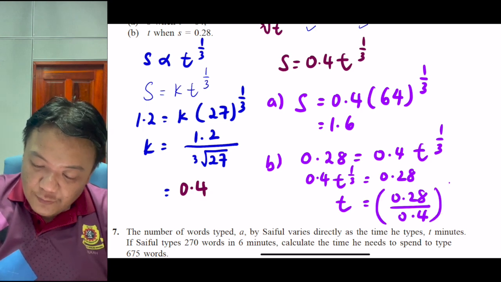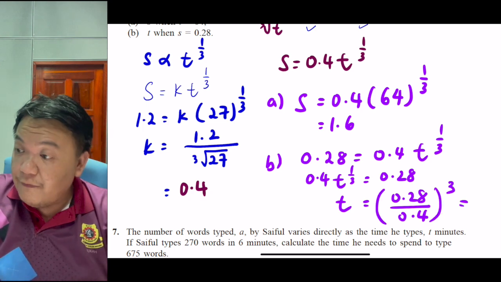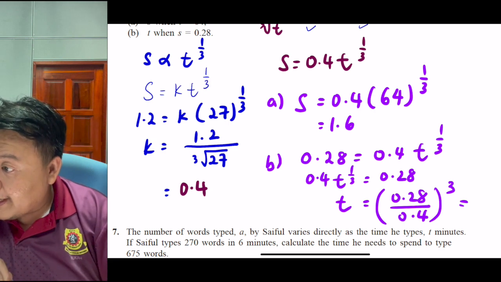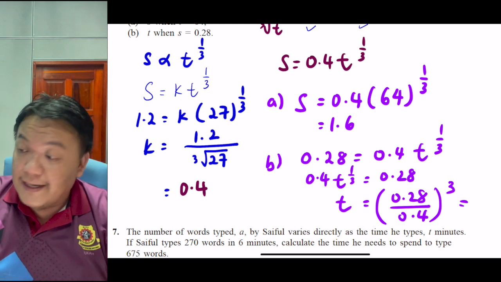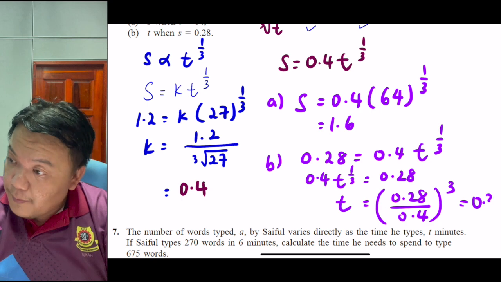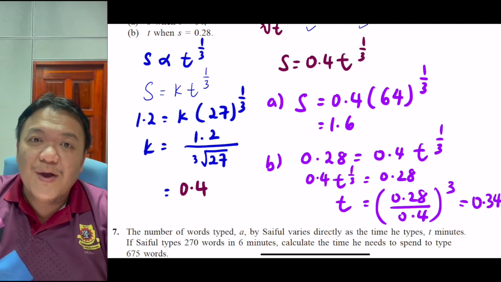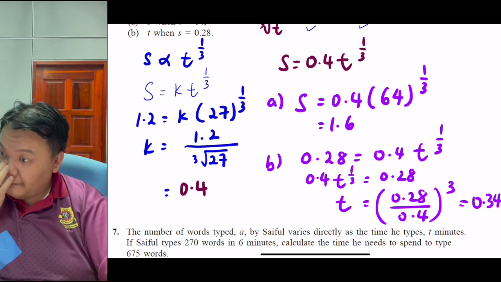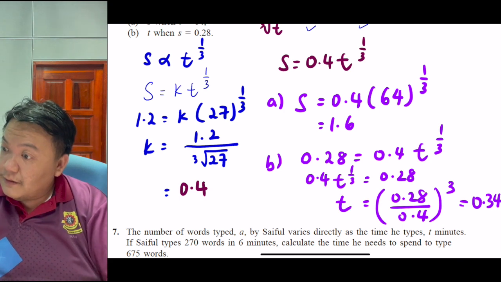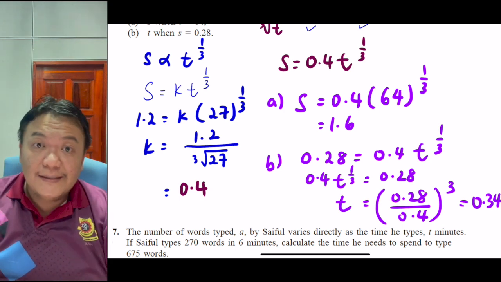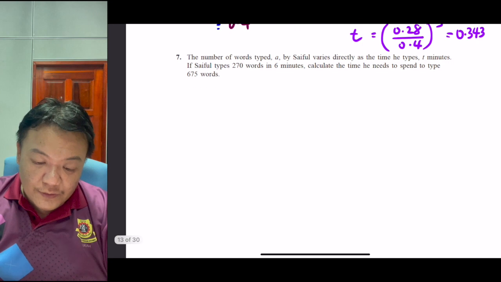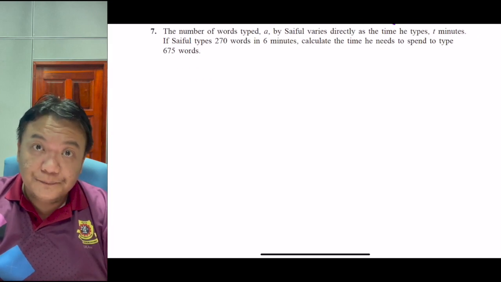So this part will become power of 3. So your answer is, press your calculator, 0.343. So far so good, everyone? Okay, so let's proceed to number 7.